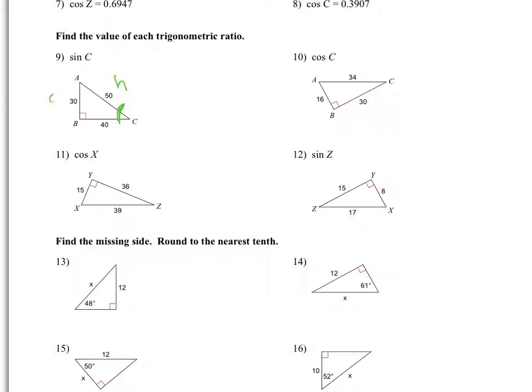That's going to be 30. What side is adjacent to angle C? That's going to be 40. Now for sine, you'll remember the ratio is opposite over hypotenuse. We're going to find the opposite side, which we found was 30, over the hypotenuse, which is 50. And that's all we have to do. We just have to find the ratios there.